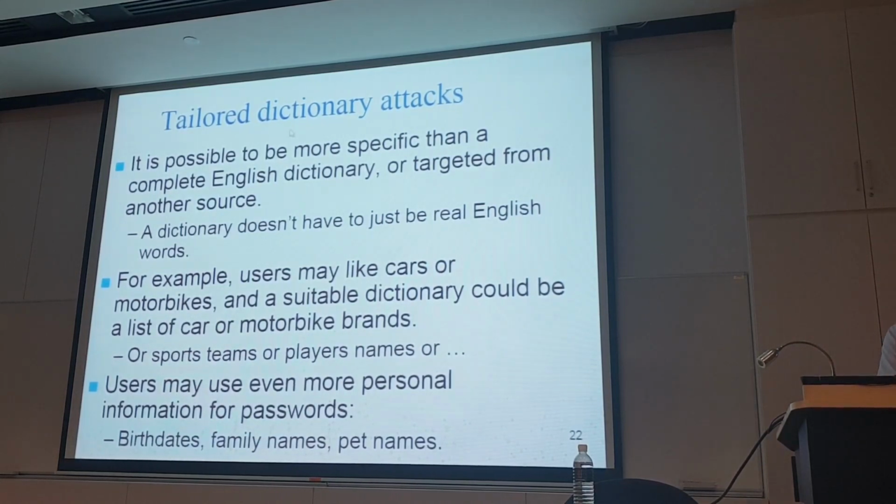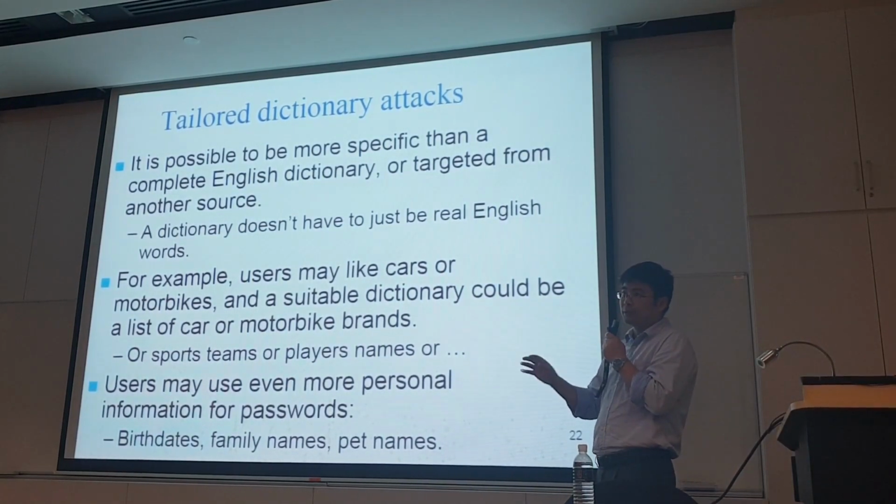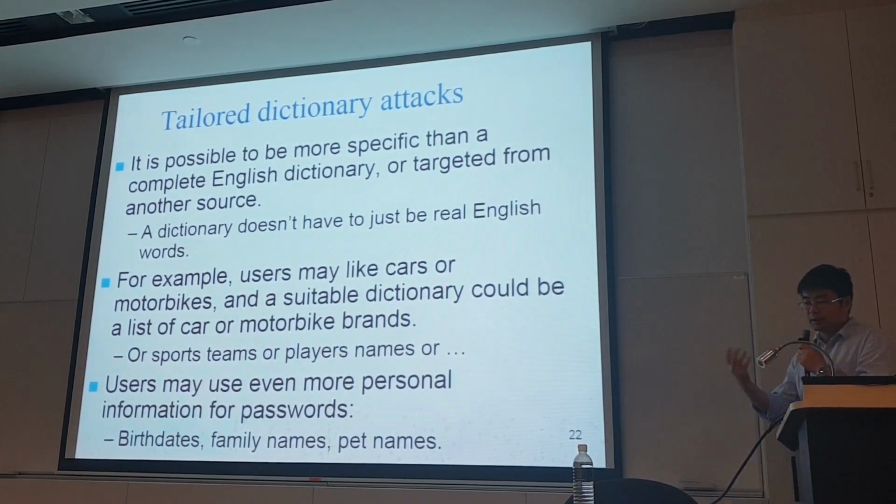Although we can build a dictionary containing all the possible passwords, sometimes the attacker will use a tailored dictionary. This is in conjunction with so-called social engineering. If we have a specific target, we may predict the password from some information we know about this target.